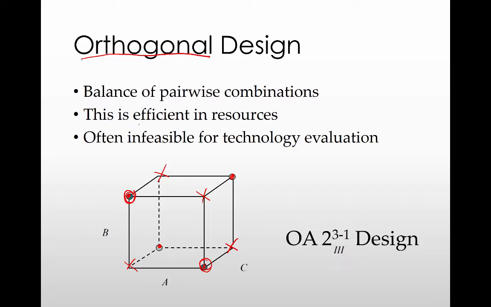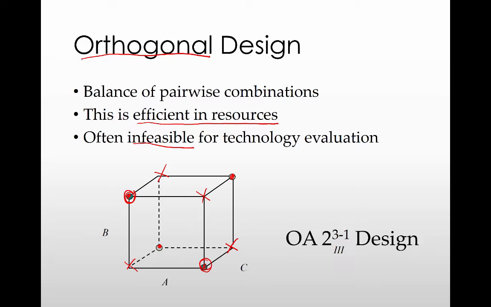And this can really help you to make the study efficient because you leave out a large proportion of the different combinations, but it's often infeasible for technology evaluation. And the reason is that we don't have complete control over the factors and levels.